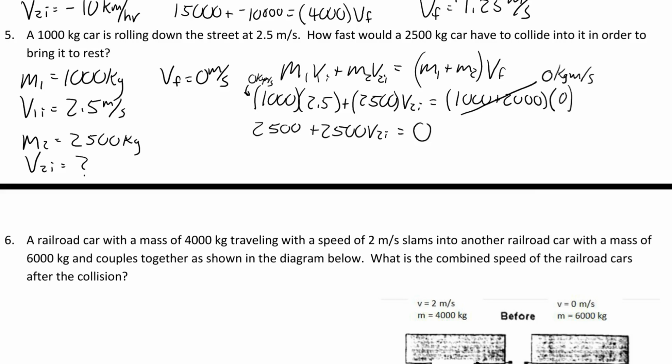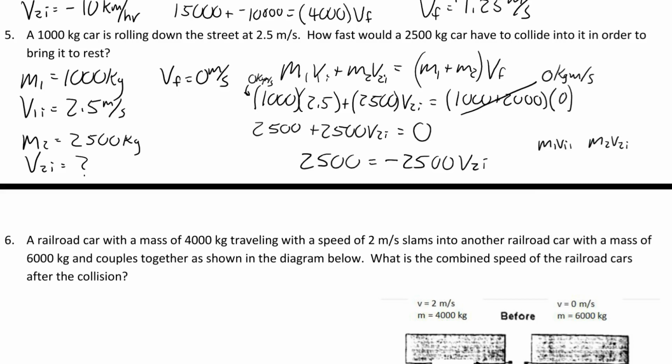And what you might see some people do, and this is valid, they'll start with their equation being, okay, the momentum of the first car is equal to the negative momentum of the second car in order for them to cancel out. And this is where that equation comes from. Sometimes you'll see M1 V1I is equal to M2 V2I, but they make a negative sign here.